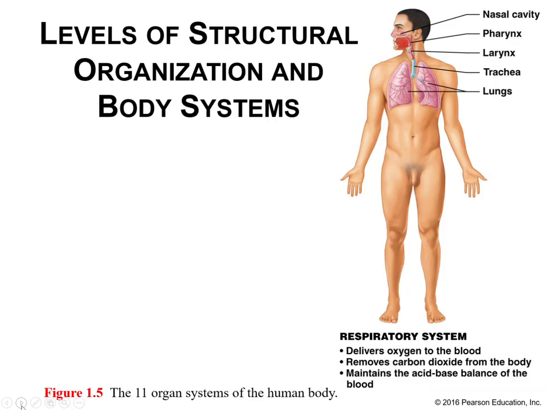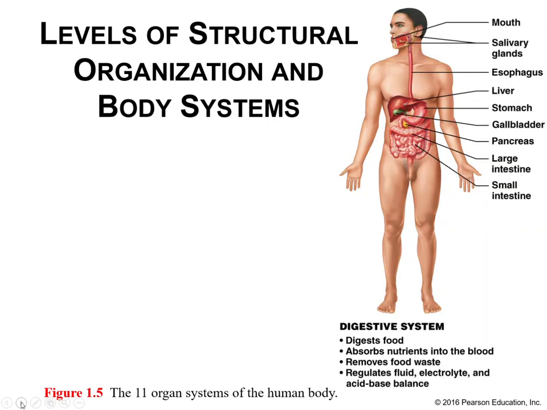Respiratory system, made up of nasal cavity, pharynx, larynx, trachea, lungs, delivers oxygen to the blood, removes carbon dioxide from the body, and maintains your acid-base balance through our bicarbonate. Digestive system, digests food, absorbs nutrients into the blood, removes food waste, regulates fluid, electrolyte, and acid-base balance also.